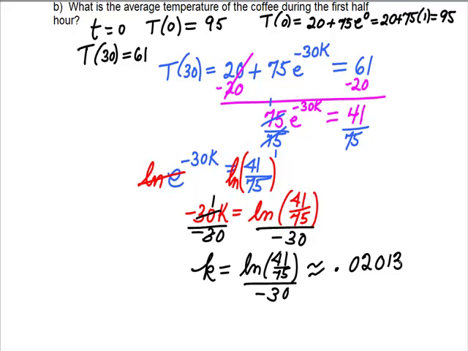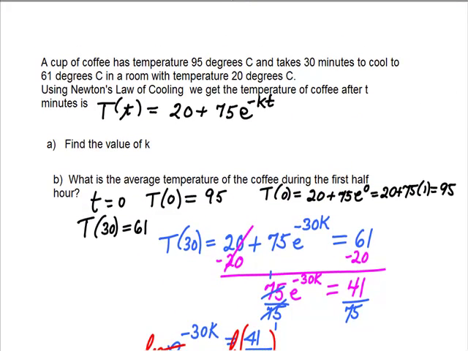Okay, so now we have the value for K, and we're going to go back to the original equation, and we're going to put that value for K in that equation. So I'm going to write the equation now with K replaced with 0.02013.